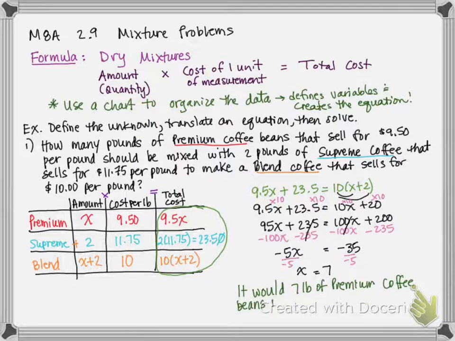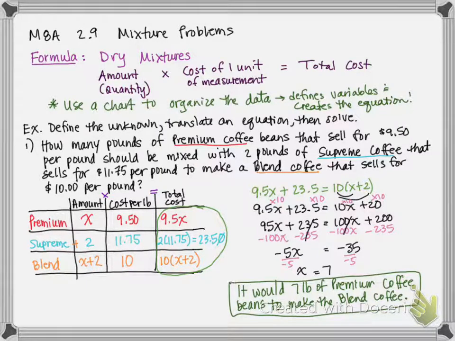To make the blend coffee that's worth $10. Nah, I'm actually going to stop right there. I think that's good enough. It would take 7 pounds of premium coffee beans to make the blend coffee. And that's it. All right, I'm going to go to my next screen.